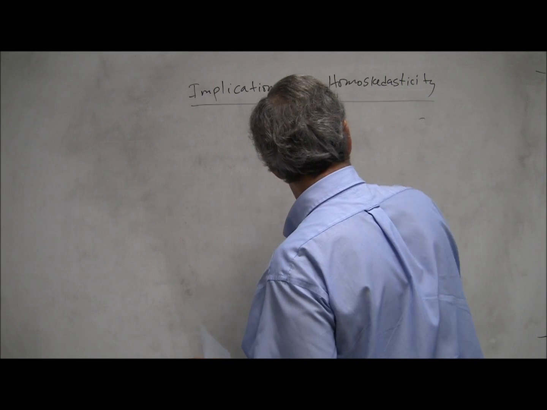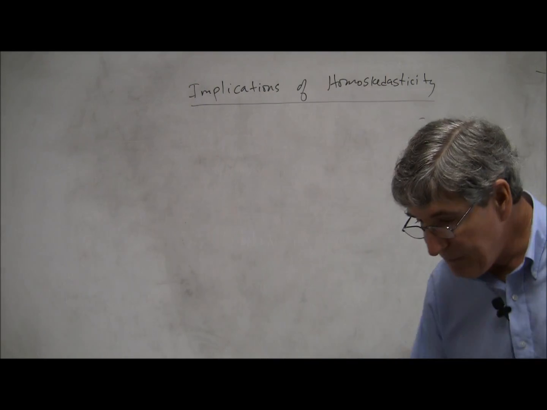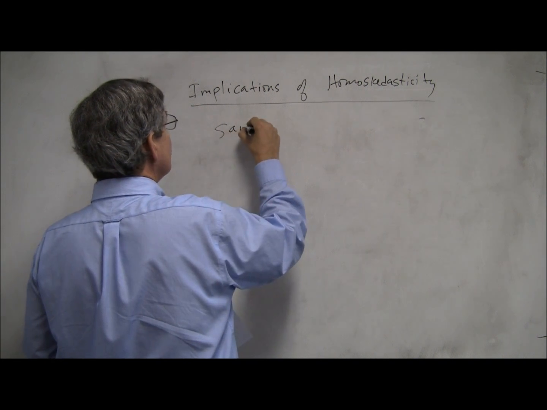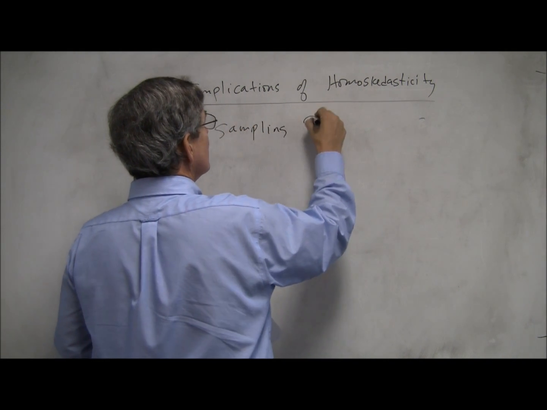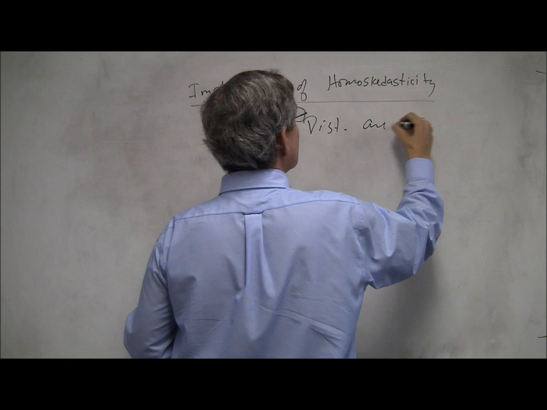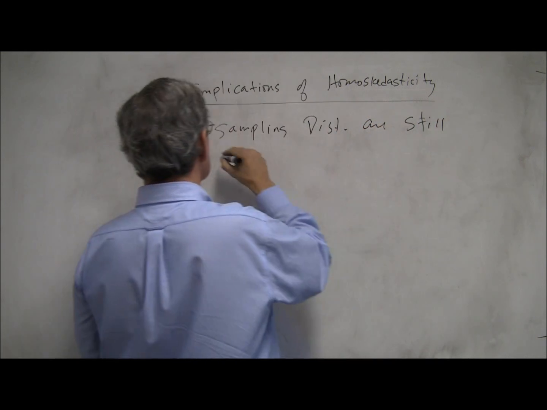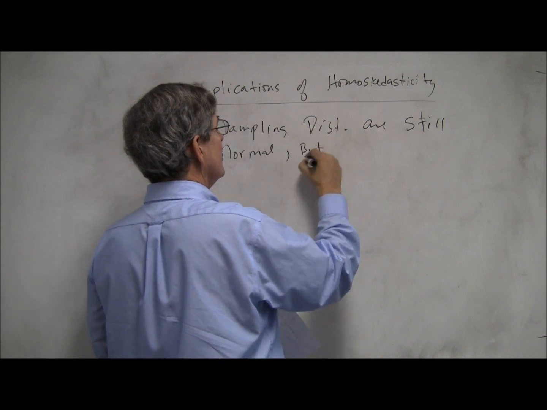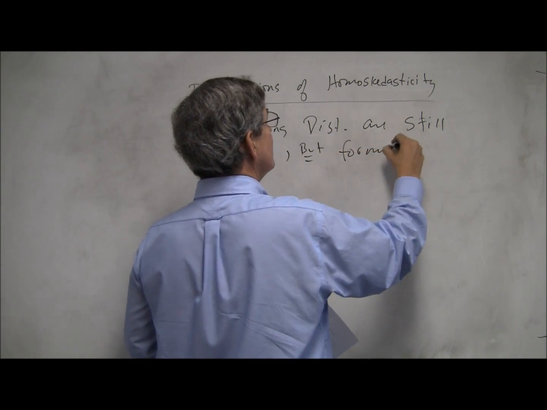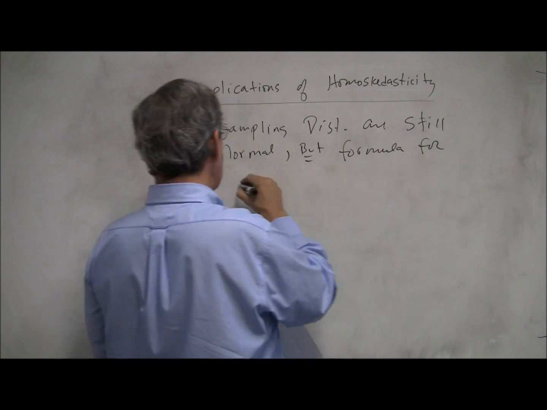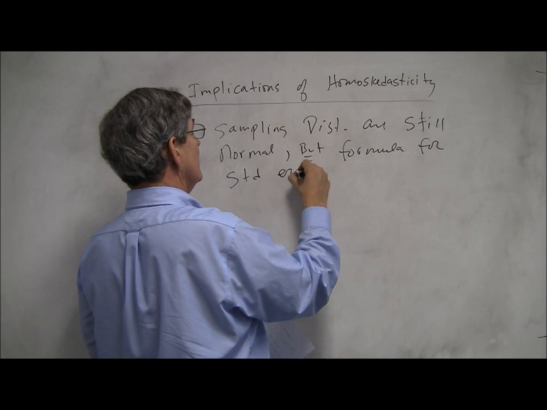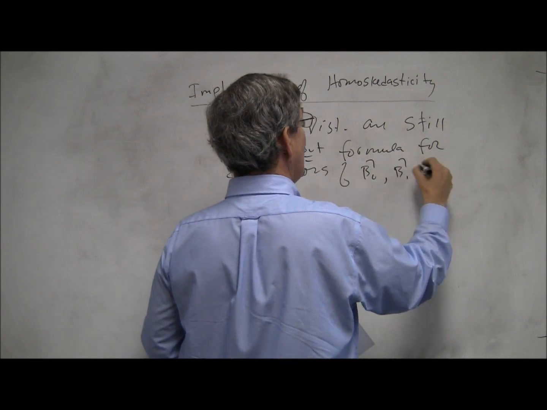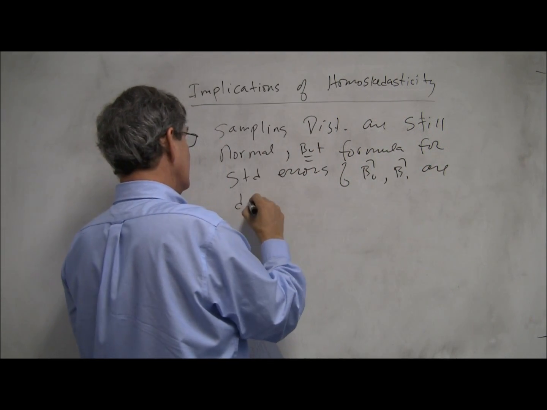The second thing is that the sampling distributions are still normal, so we can still use the normal approximations. But the formulas for the standard errors of beta naught hat and beta 1 hat are different. They simplify.